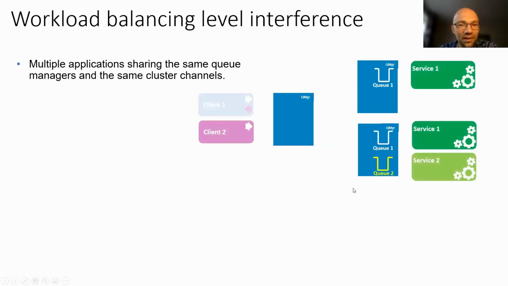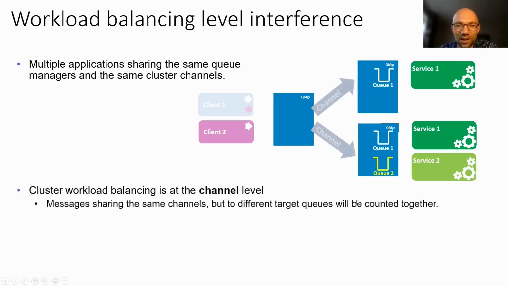There are other ways as well that things can interfere with each other. Different types of work can interfere with each other within a cluster, just as they can outside of a cluster. Let's look at another example, which is how the workload balancing might not always achieve the intended effect. Remember that cluster workload balancing happens on a channel basis.